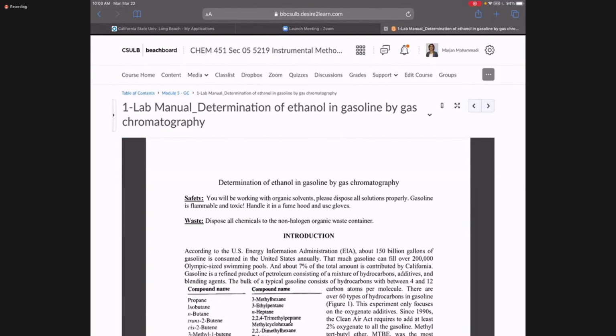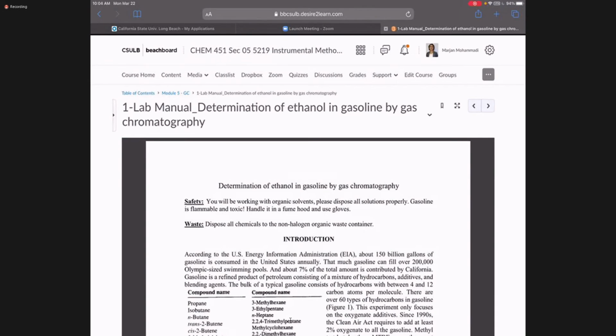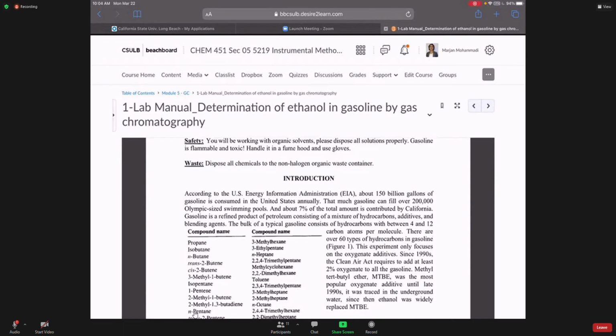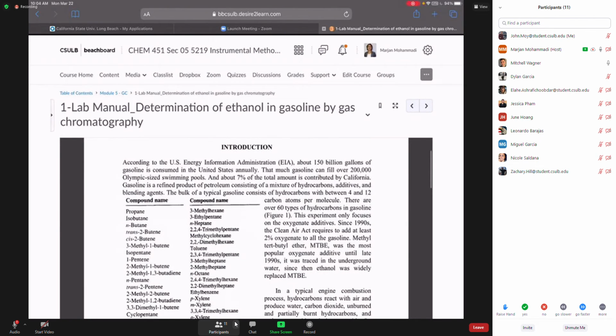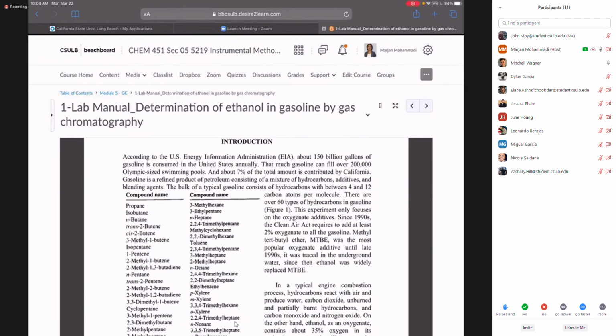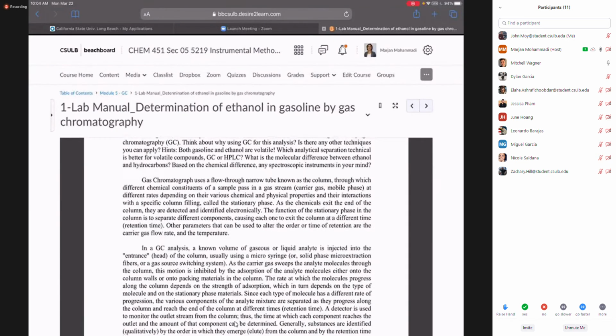Particularly for this experiment, you are going to find how much is the percentage of ethanol in the gasoline. And actually, in the US, they add ethanol to gasoline. I believe that's one question you are going to answer at the end of this report. So this is the goal, the aim of the experiment: finding how much ethanol we have in an unknown gasoline sample we are supposed to give to you.